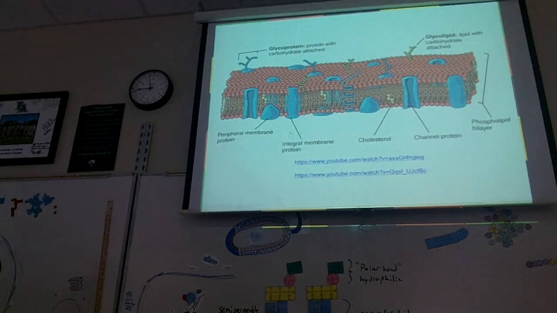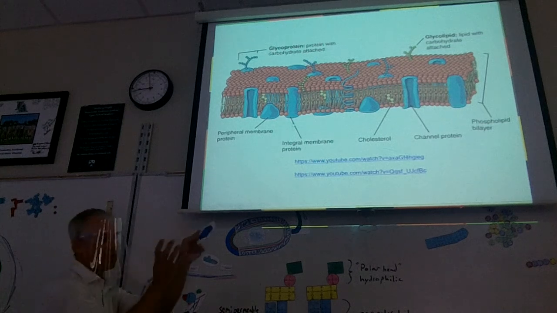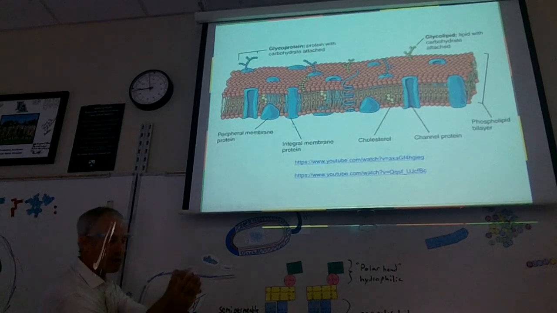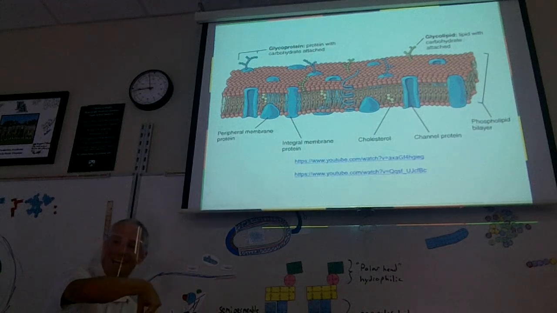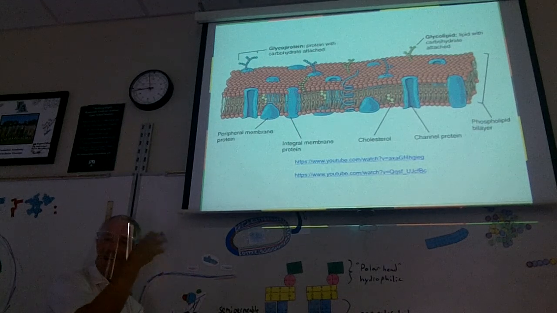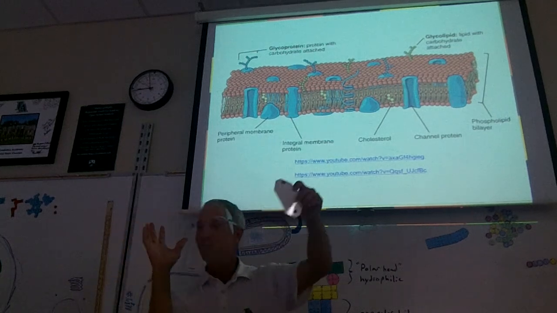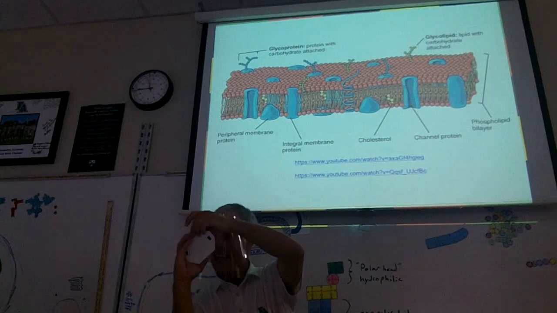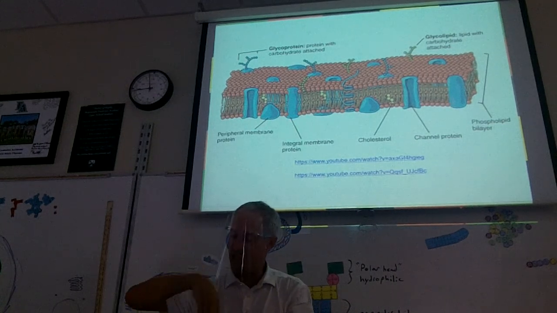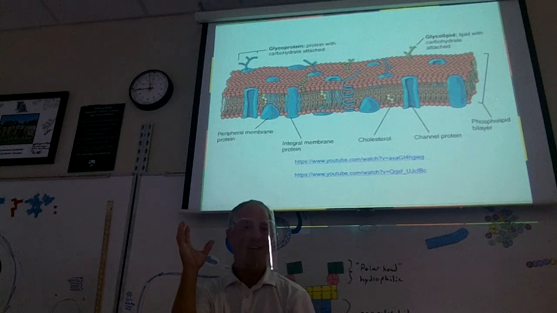Maybe glucose. There are special proteins that have just the perfect shape to capture glucose. And when glucose is captured, they change their shape and let it in. And then they go back to the shape they originally were. Isn't that cool? It changes shape to let it through the cell, and then it goes back to what it was before.